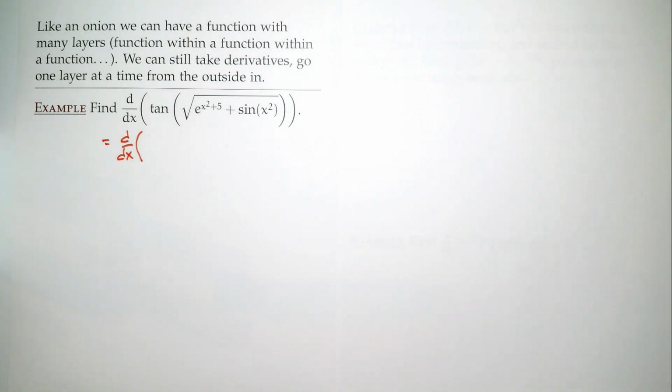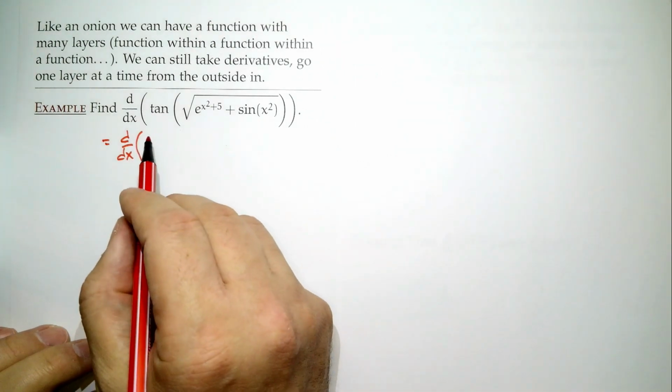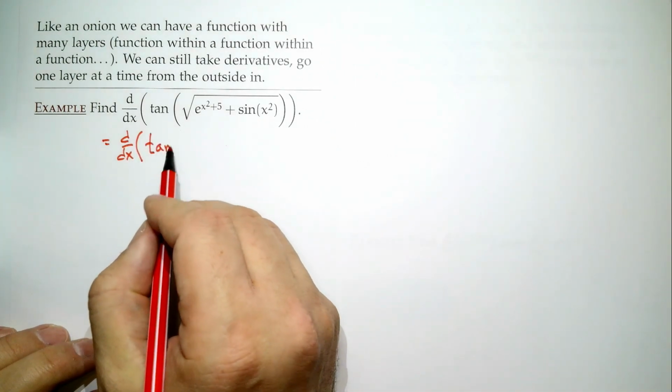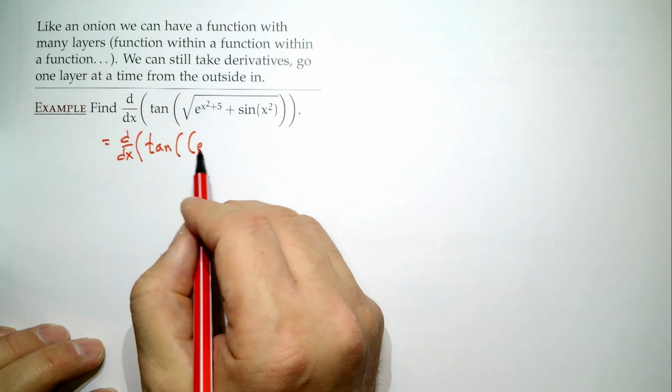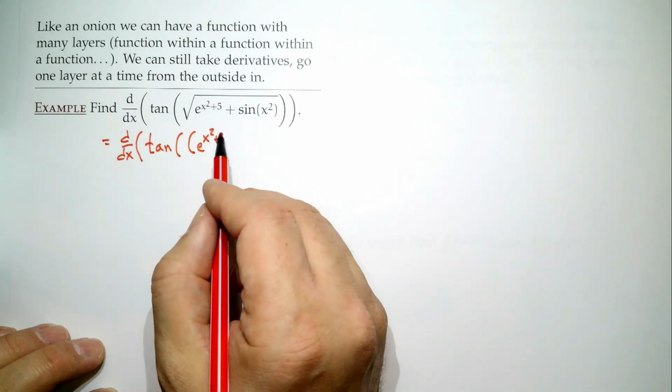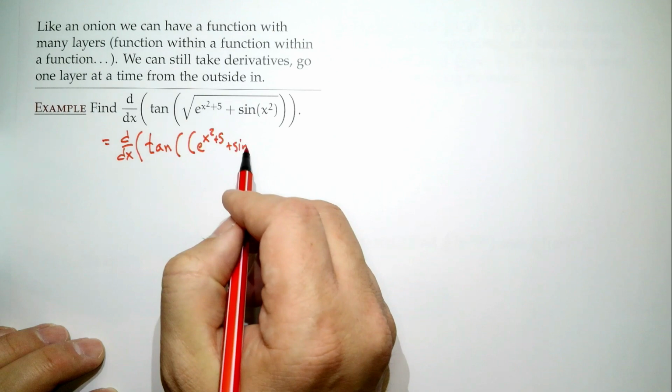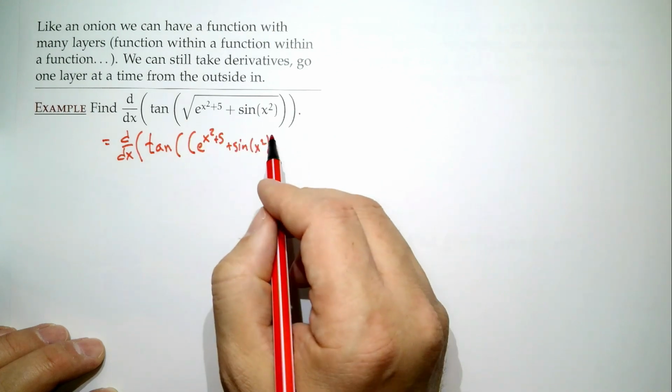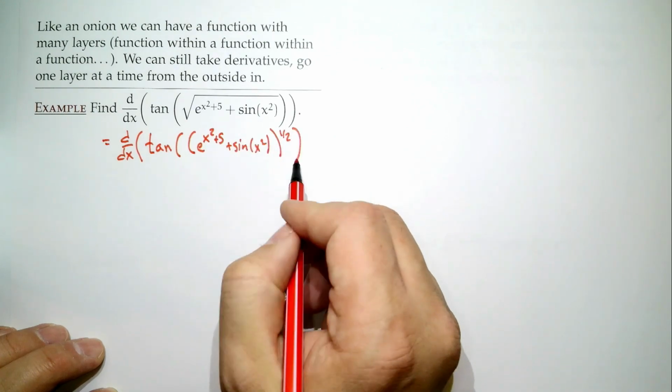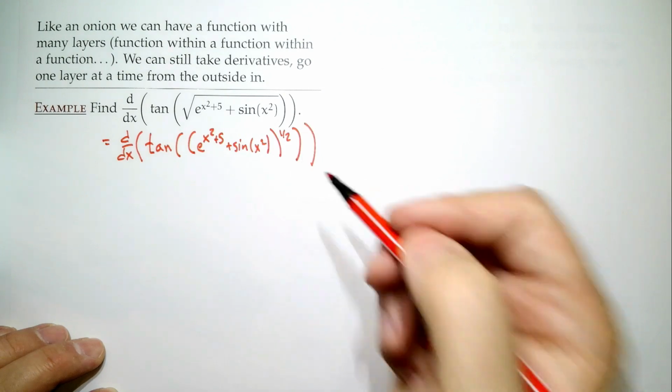Calculus really likes the exponent notation because it's very easy for us to work with. So often when we see a square root, we'll rewrite it using exponentiation. So e to the x squared plus 5, plus sine of x squared, all to the 1/2 inside that tangent, which we're taking the derivative of.